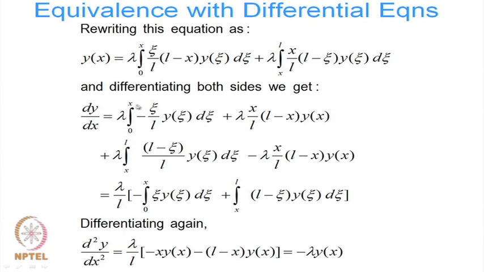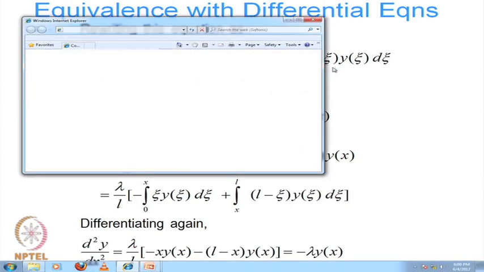Then I have the derivative of x, which gives me 1, and I evaluate this function at x, giving x by L, L minus x, y of x. I do not have to account for the lower limit, because the lower limit is constant, right?